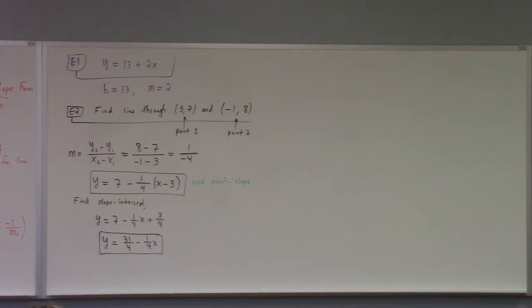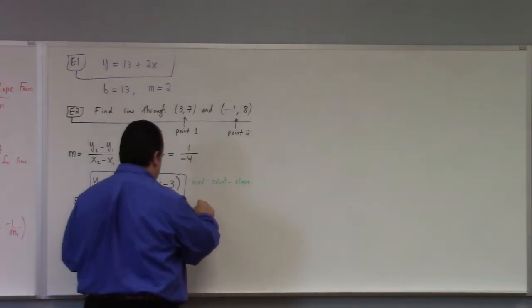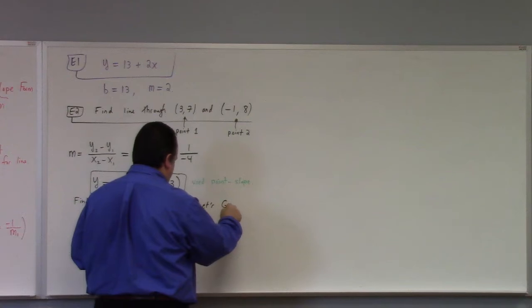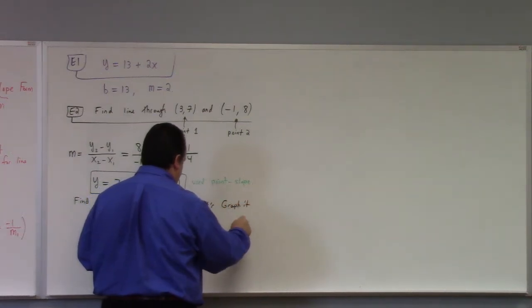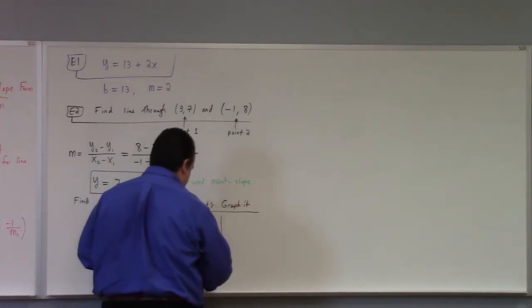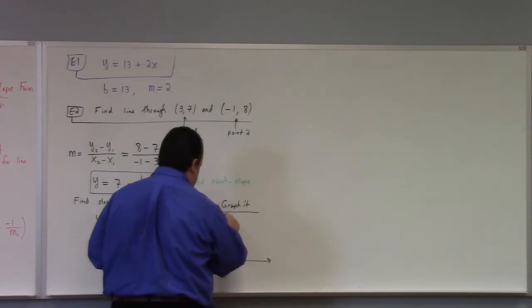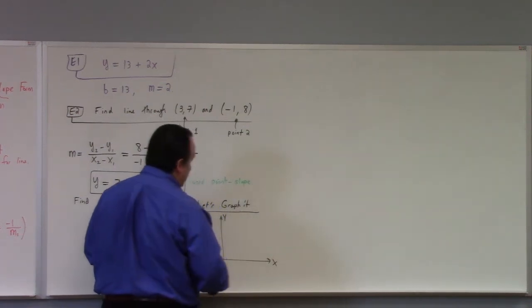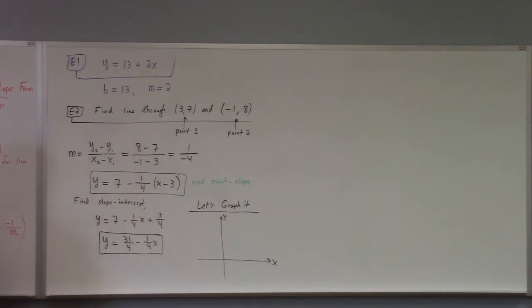Can you graph it? How would we graph this? Let's graph it. There's various ways to do this, right? In this problem, the easiest way to do it, we started with 2 points, right? (3, 7), where is that?